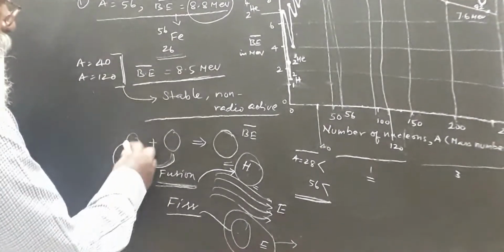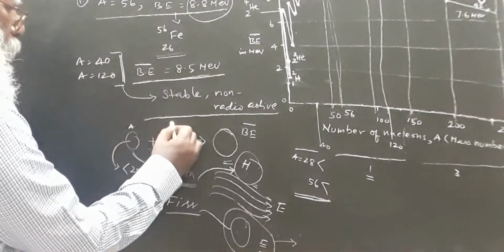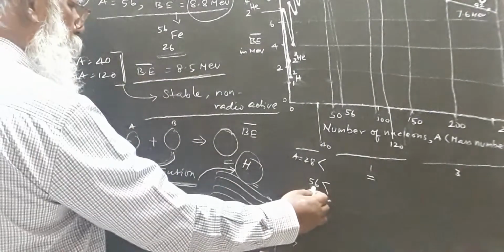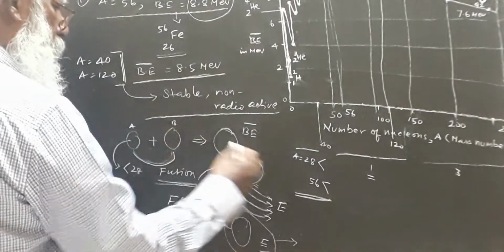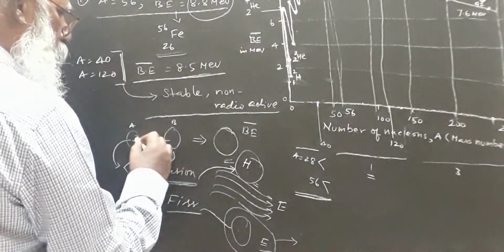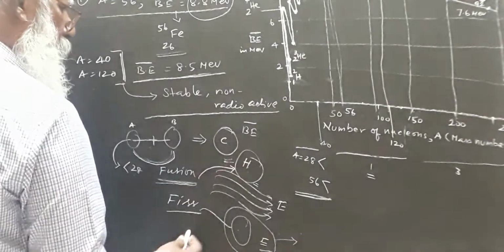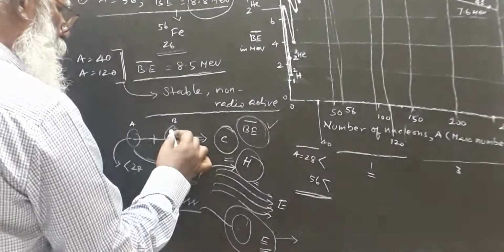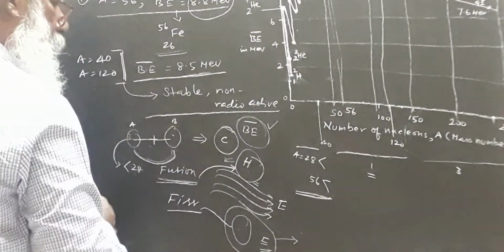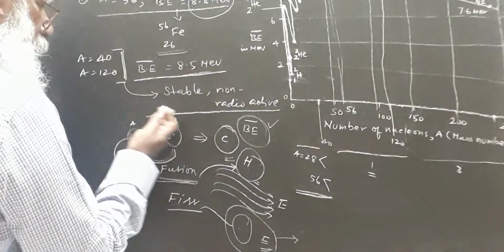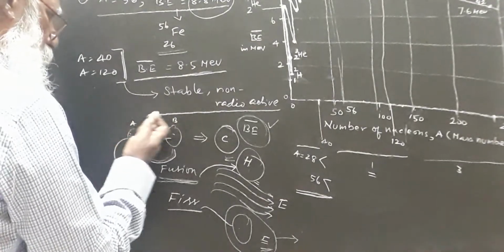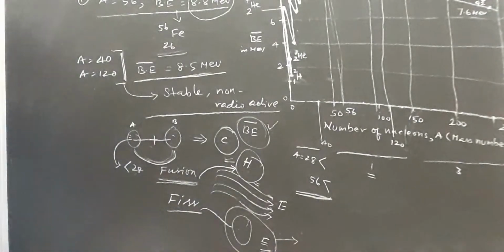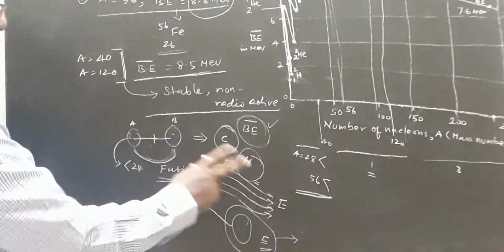In fusion, A is one nucleus, smallest, less than 28, and B is another small nucleus, less than 56. Both are fused together and form nucleus C. Here the binding energy of C is higher than the prior ones, A and B. That's why the remaining mass is radiated as energy, and that's the thing you have to understand clearly here.